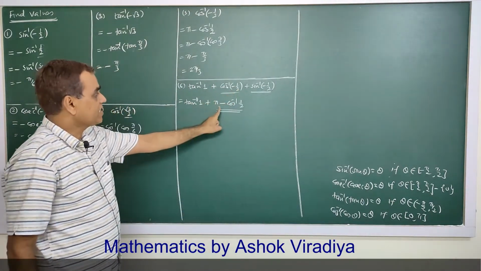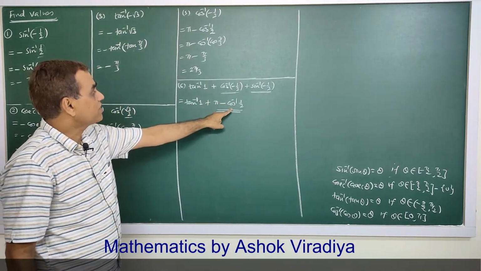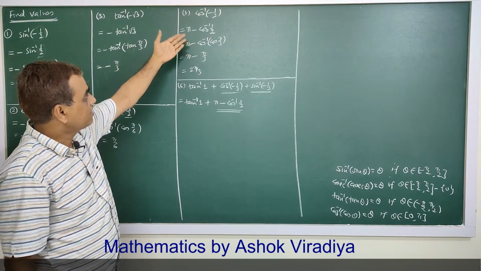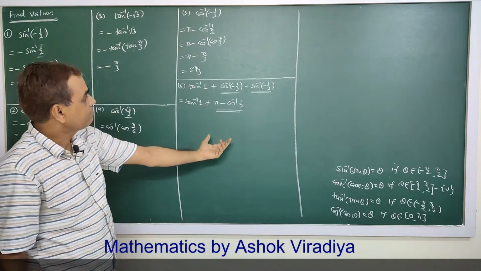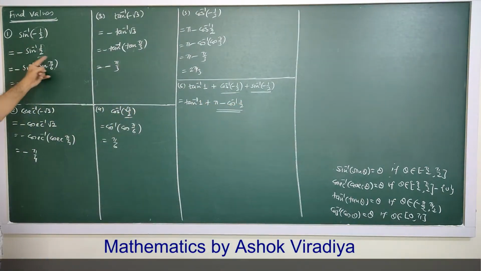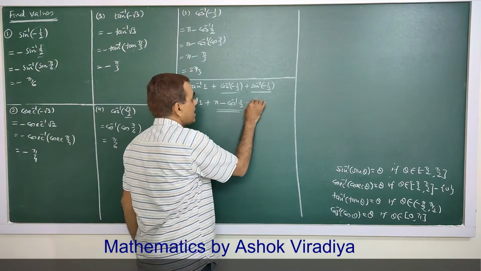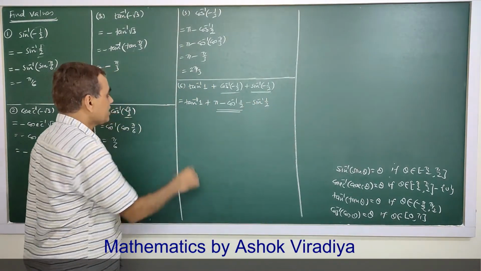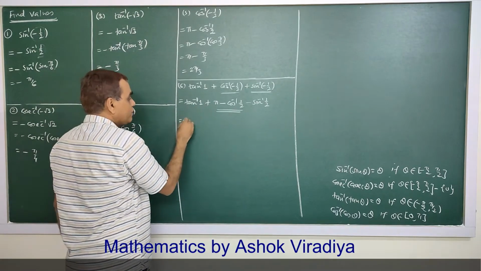Cos inverse minus half is pi minus cos inverse half. Just as here we have done the same procedure, it will be followed here. Sin inverse minus half is minus sin inverse half. So this is now tan inverse 1.